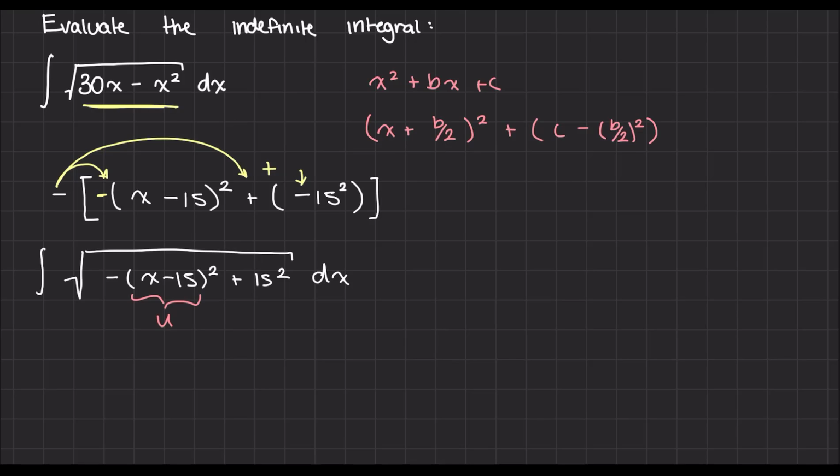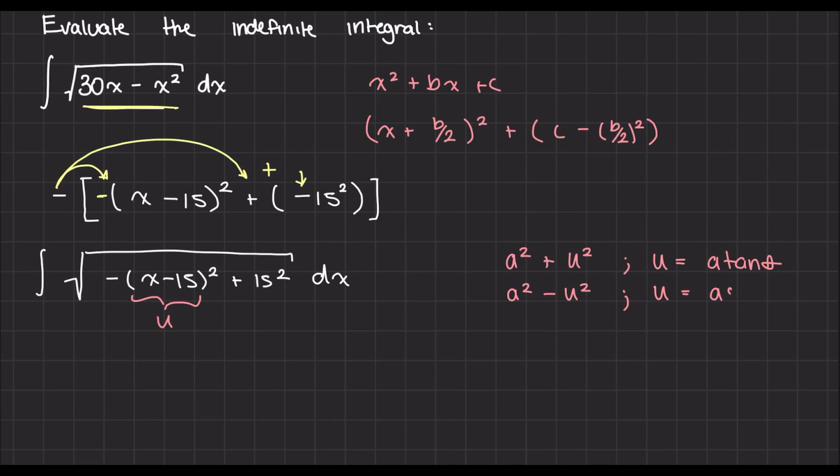If it's a squared plus u squared, we can sub in u equal to a tan theta. Or if it's a squared minus u squared, we can sub in u equal to a sine theta. And if it's u squared minus a squared, now u can equal a secant theta.